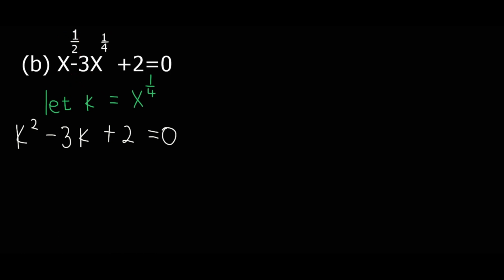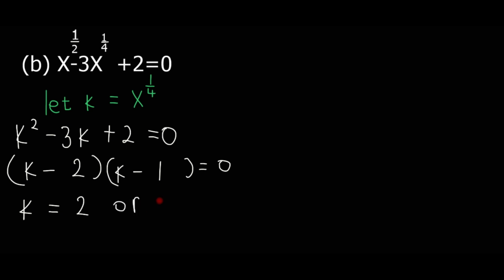And then now let's factorize. Here I have k, and then this is 2 and this is 1. So from there we solve for k. We say k equals 2 or k equals 1.